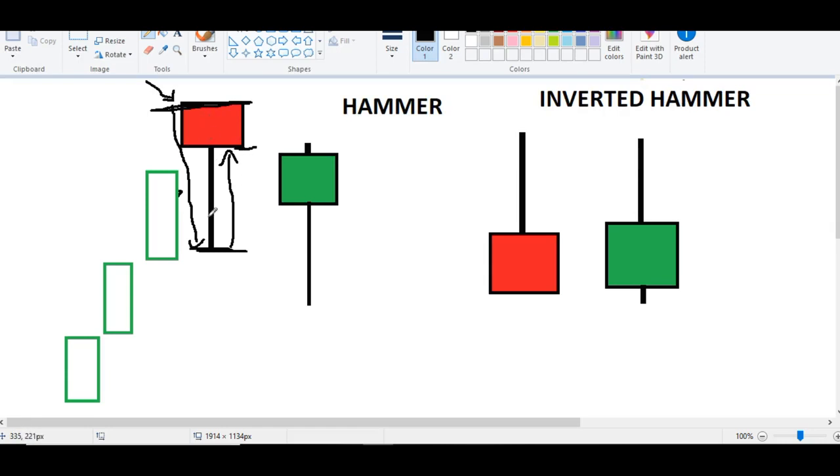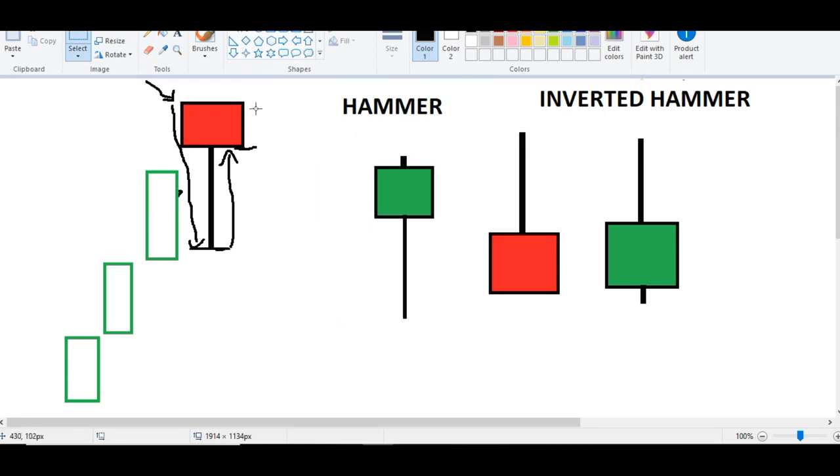So there's again a fight going on between the buyers and the sellers, and they both are not allowing price to go anywhere. So this is a big signal of indecision. And followed by this, we may see a trend reversal, meaning price may reverse like this.